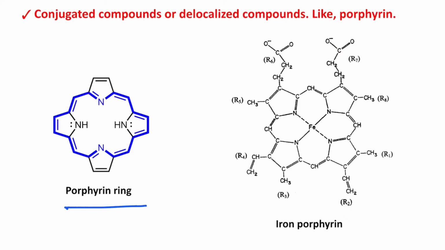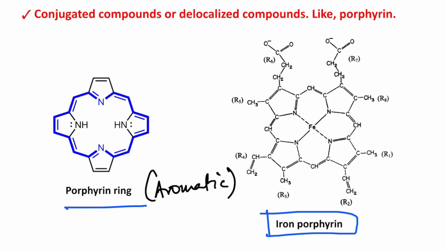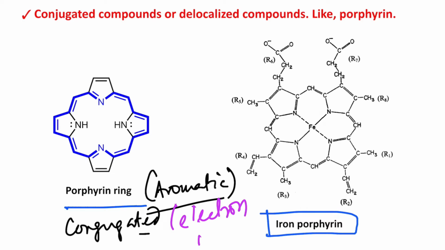Now let's come to the second example, porphyrin. This ring is observed in hemoglobin, like the iron porphyrin complex. If you look at this porphyrin a little closely, it is actually aromatic. Many double bonds are in conjugation, so a huge amount of electrons are delocalized to provide its aromaticity. It's a conjugated molecule, and since there are many electrons there, it can act as an electron reservoir.